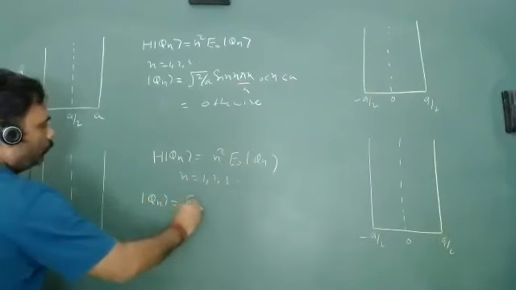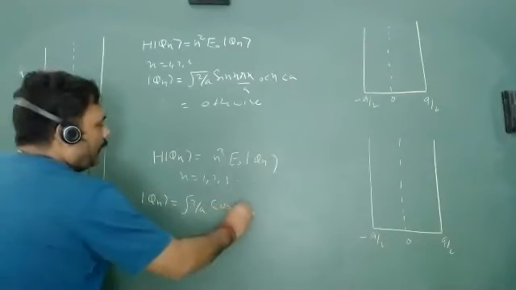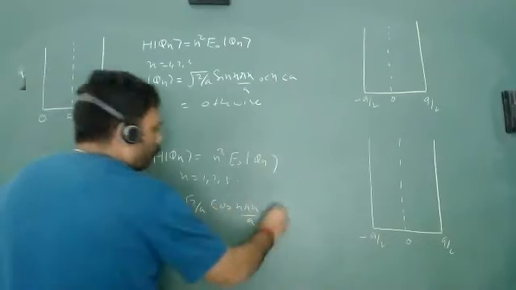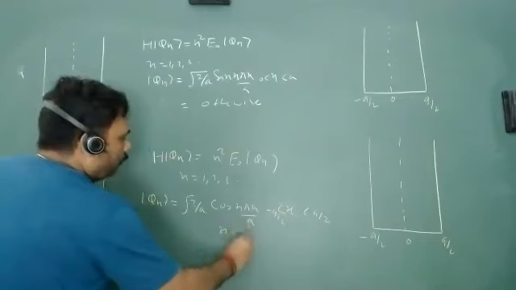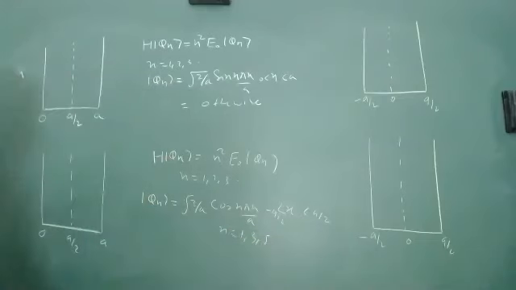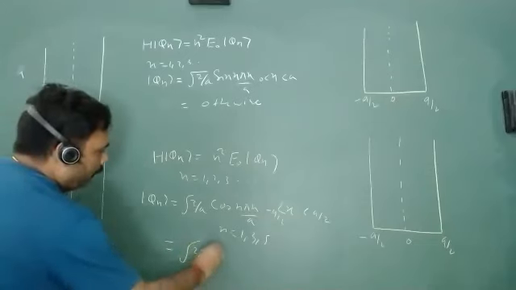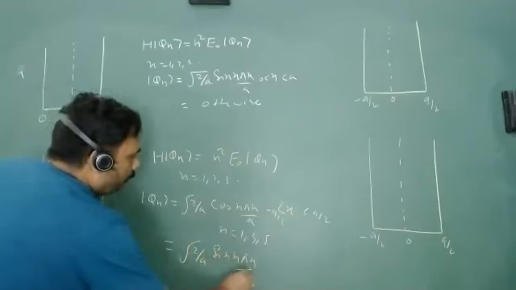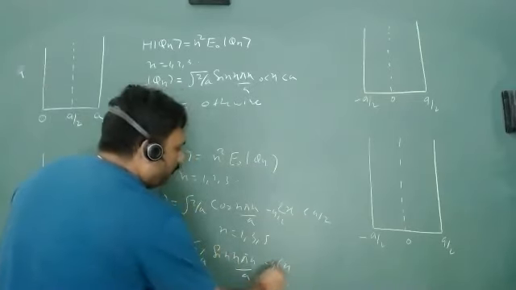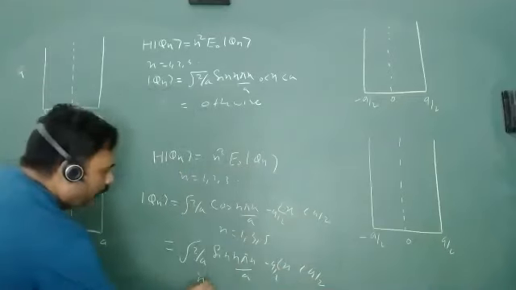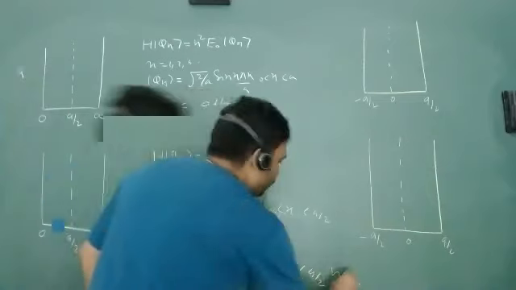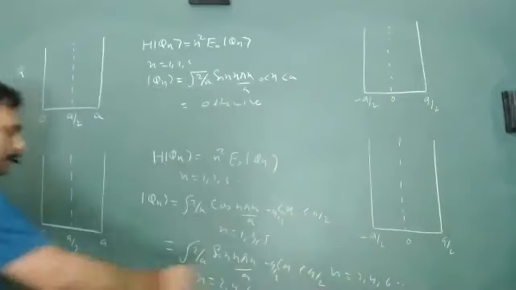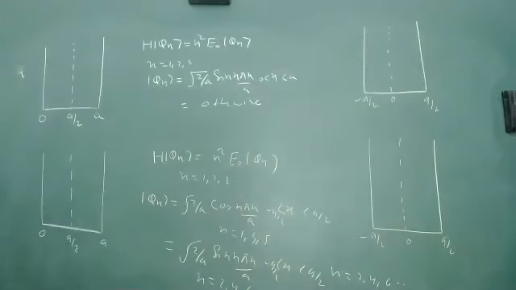The phi n is equal to root 2 by a cos n pi x upon a for x between minus a by 2 and a by 2 for n equal to 1, 3, 5, and this will be root 2 by a sine n pi x upon a, again for minus a by 2 to plus a by 2, and this is for n equal to 2, 4, 6, and otherwise it is 0. So this is the story.